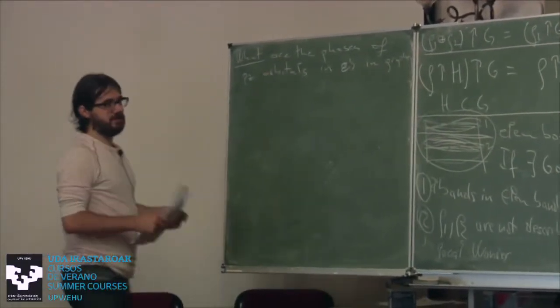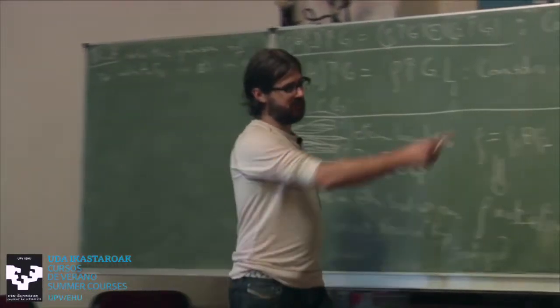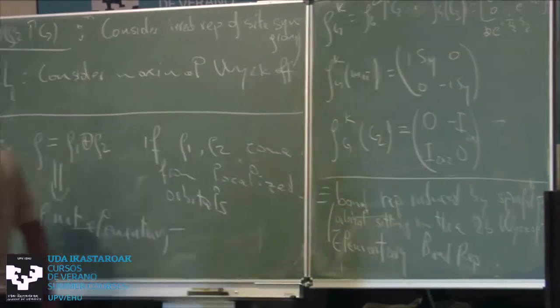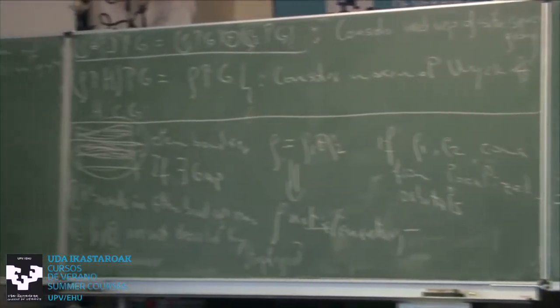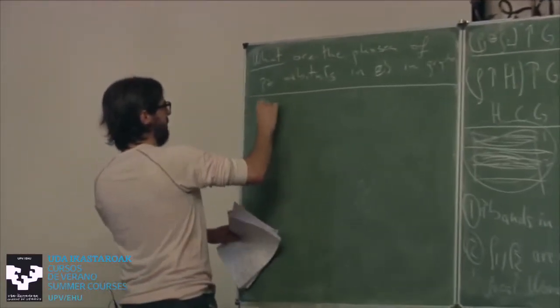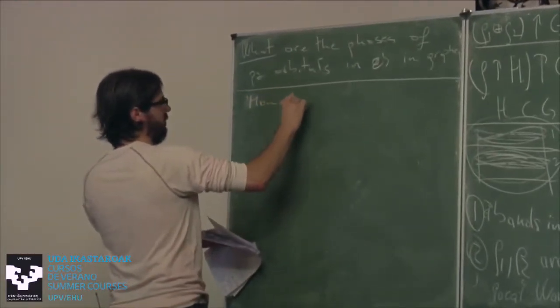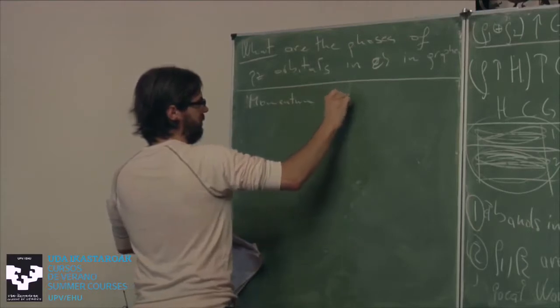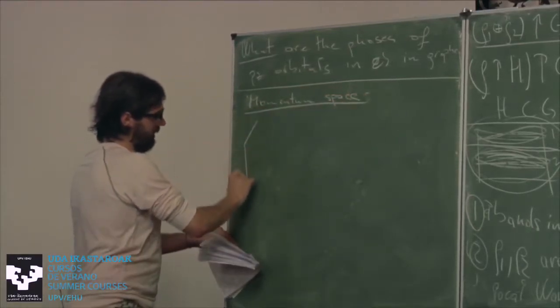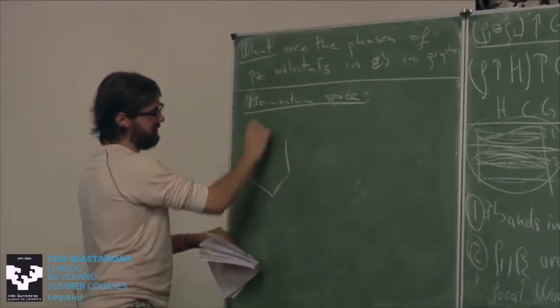And before I do this, I want to find out what this band representation does at all momenta in the Brillouin zone of graphene. So now I'm going to go away from real space, so no more real space, go to momentum space. Okay? And the momentum space Brillouin zone is this guy.